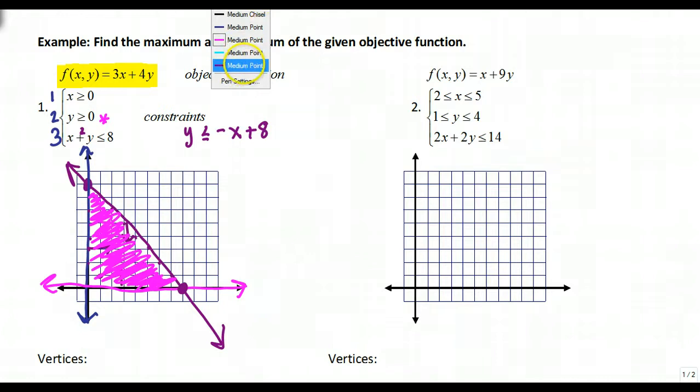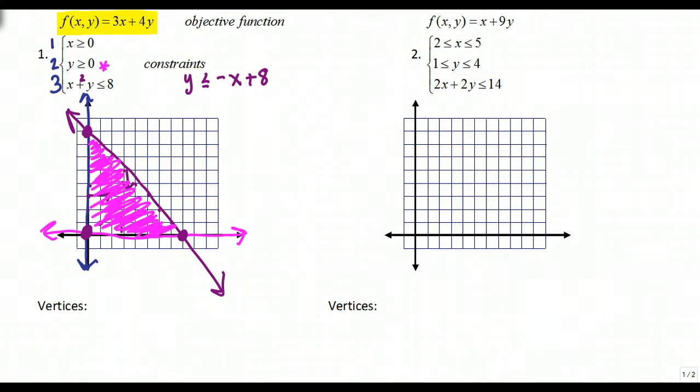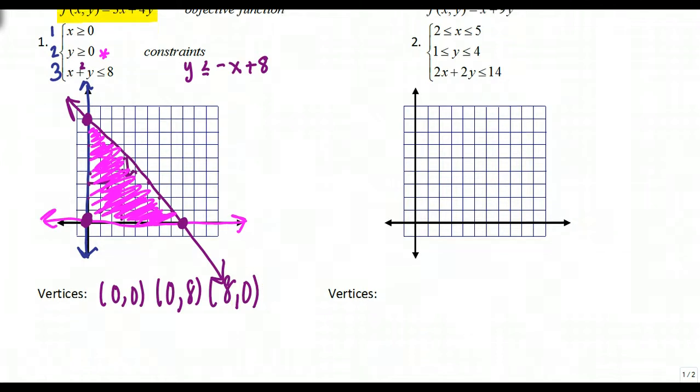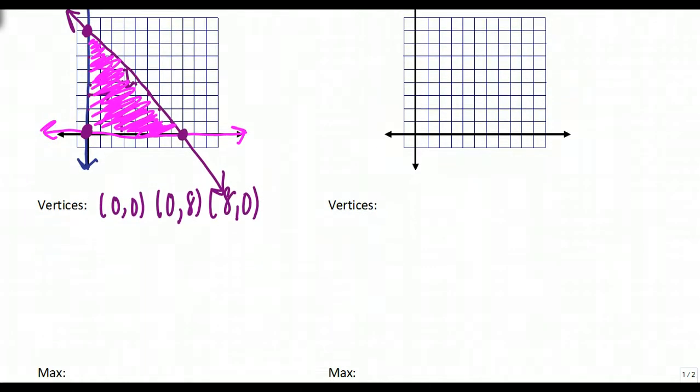And then I have to make sure I know exactly where any two inequalities intersect because those are our vertices. Now, it's important though that yes, it's everywhere any two inequalities intersect, but it also has to outline our feasible region, that shaded region. So here, my vertices are (0, 0), (0, 8), and (8, 0). And I use those to solve the rest of the problem.